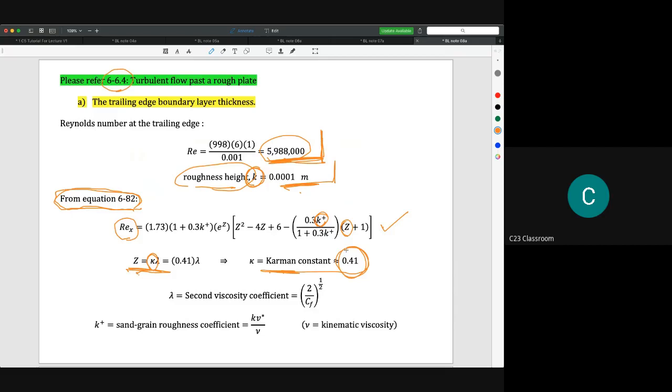And then lambda here may be used as 2 over CF to the power of 1 over 2. And then K plus here is the sand grain roughness coefficient. The previous researchers used sandpaper to reflect the roughness.